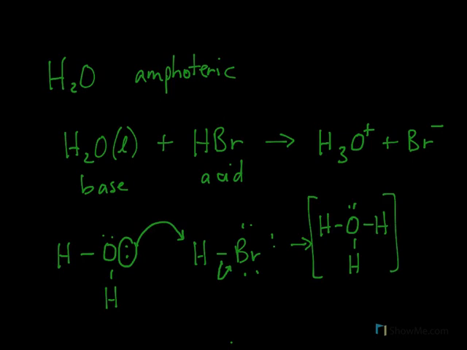Hydronium ion has now a plus charge because it accepted the proton of HBr, and bromine will now be a negative ion because it kept the electron that was bonded with hydrogen. Okay, so that is when water is acting as a base.